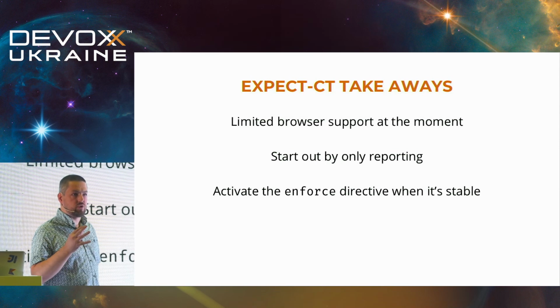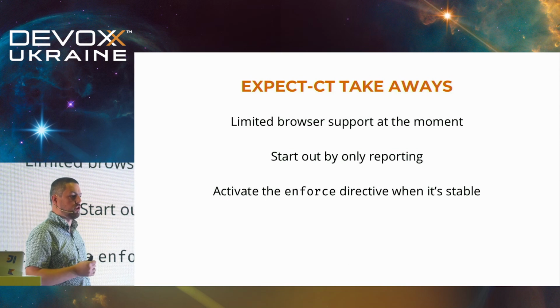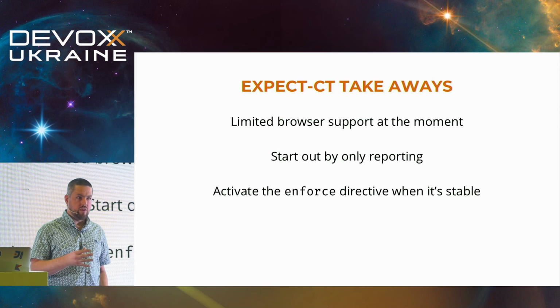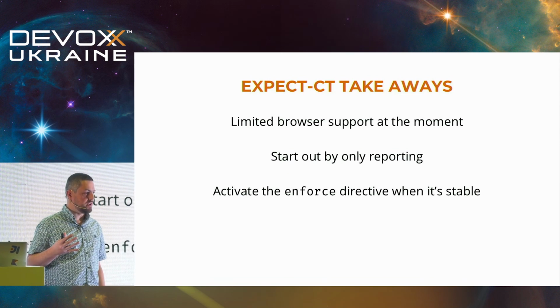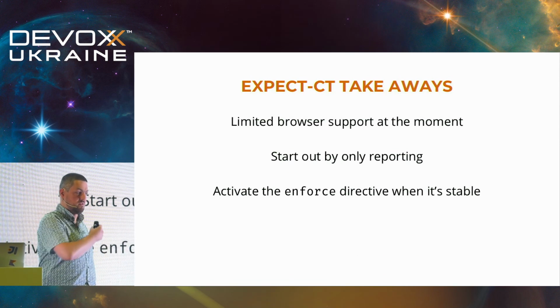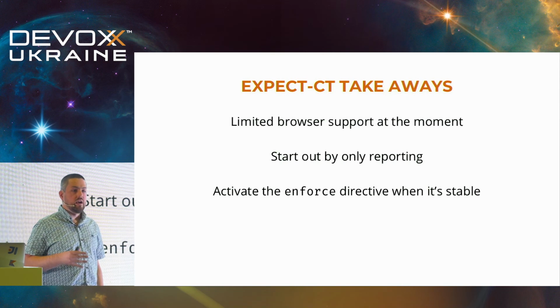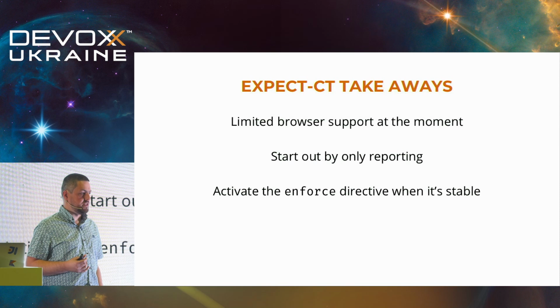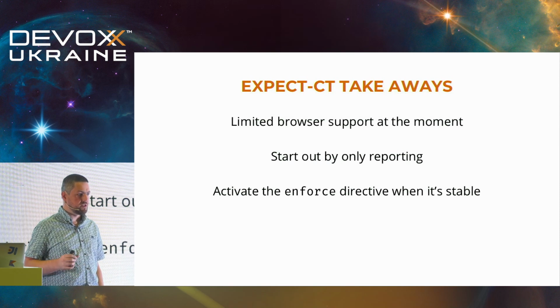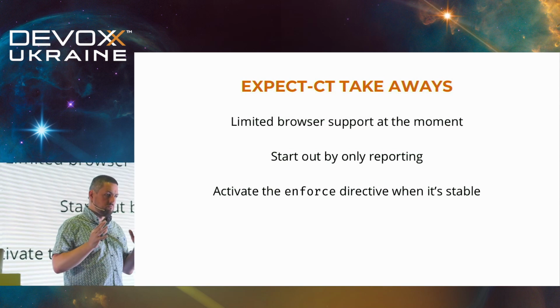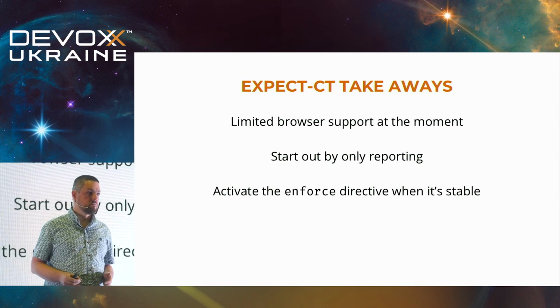And you can enable a report-only mode for this header. What that means is, if the browser encounters a certificate that's not on the certificate transparency log files, it will still allow the page to be displayed, but you will get a warning. It will send a specific message to a system that you choose, and it will just say, okay, I got a hit.